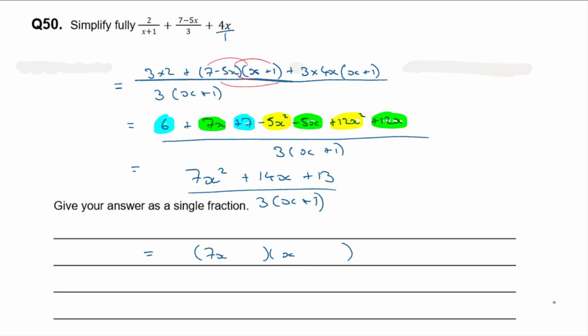I don't think that's going to work out, is it? Because if I put the 13 there, I'm going to have a huge number of x's in the middle, and if I put the 13 there, I'm not going to have 14x in the middle. So no, it doesn't factorize, unfortunately. So it doesn't look like I'm going to cancel it out with my 3 lots of x plus 1 after all. So I'm going to leave it there then. Okay, that's about as far as I'm going to get.